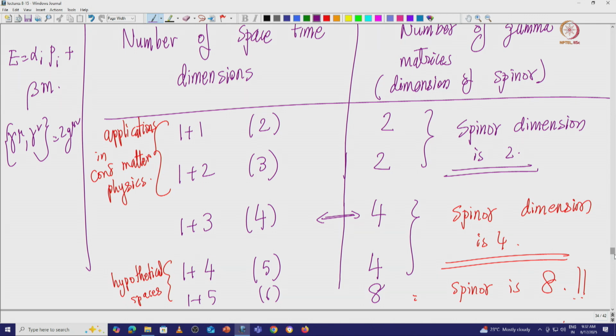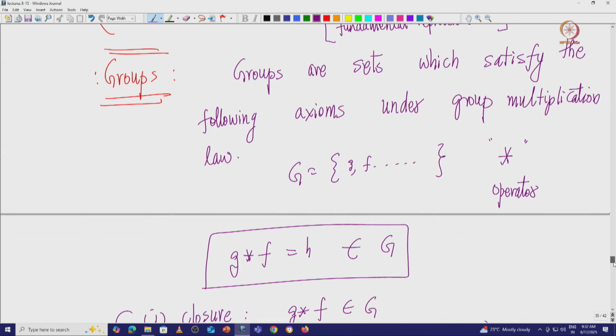So after saying this, we started proceeding towards group theory. We won't do a full lecture course on group theory because it's a huge topic. What we are going to do is only the parts of group theory which are interesting for us.